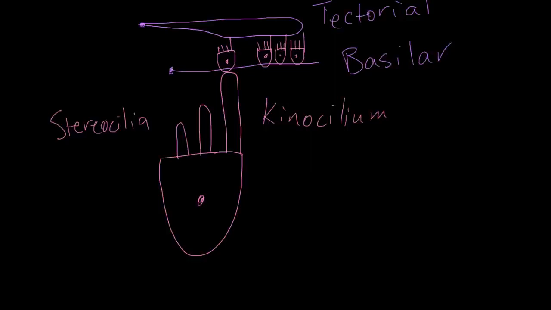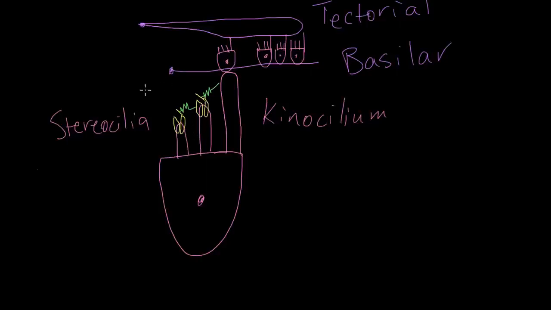And on the tips of the stereocilia, we have these special channels. And these channels are special because of the way that they're gated. So these channels are connected to these spring-like proteins that connect the channel to the adjacent stereocilia.